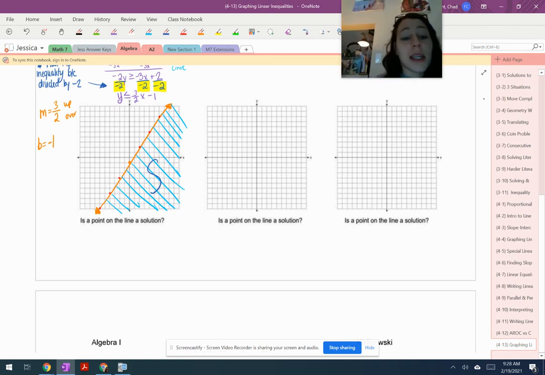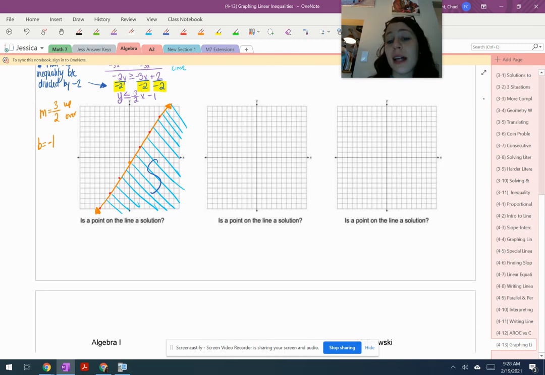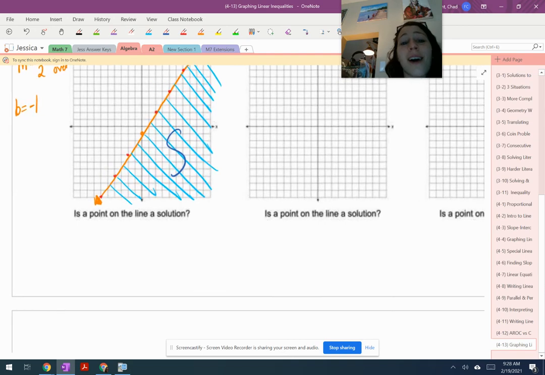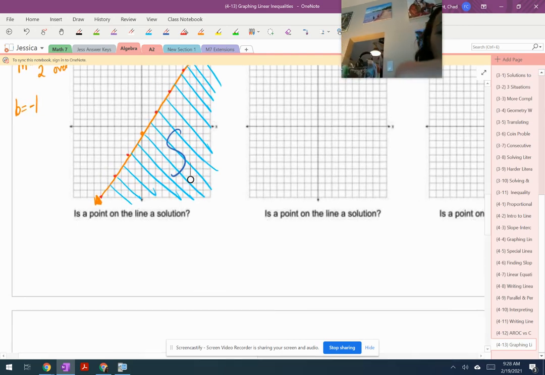So it's asking me, is a point on the line a solution? Well, that depends. Did we have a dotted line or did we have a solid line? Do we have an or equal to inequality or just a regular one? We have a solid line, which means we have an or equal to, which means points on the line are a solution. So is a point on the line a solution?